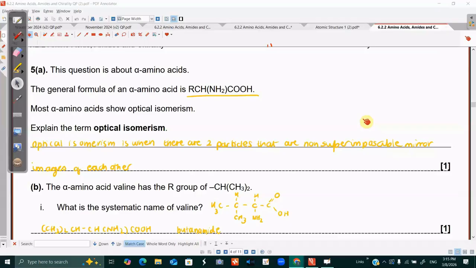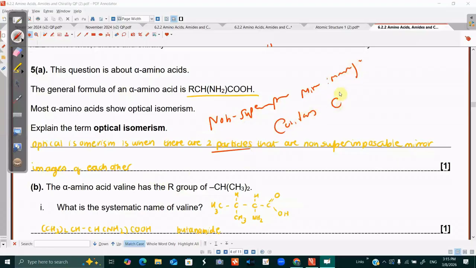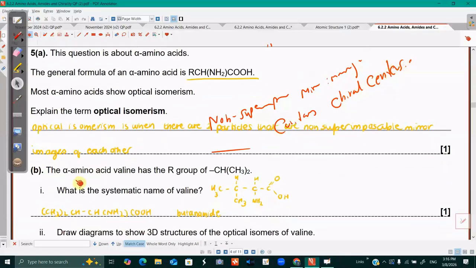So do not call it a particle, right? Let's say compound. Or let's say non-superimposable mirror images containing chiral centers. It is more complete, right?